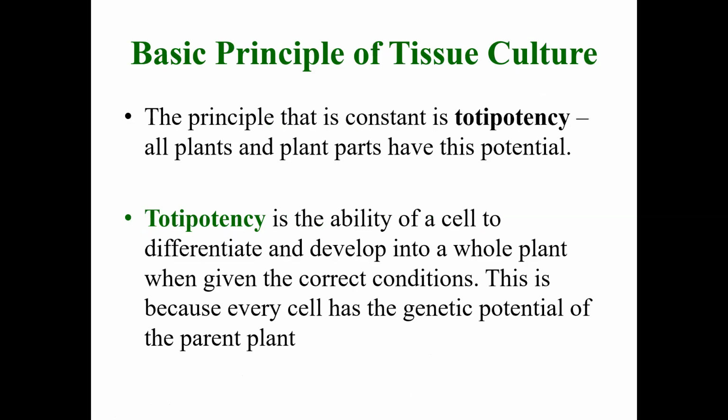So, what are the basic principles of tissue culture? The basic principle of tissue culture is totipotency. Totipotency means plants or plant parts have the potential to produce a new plant. Among the eukaryotes, that is, multicellular organisms, plants are champions.